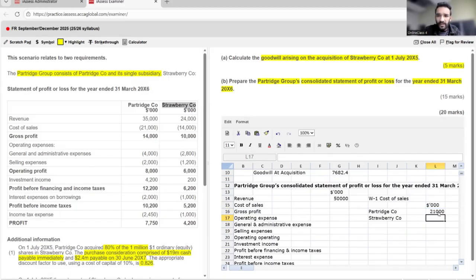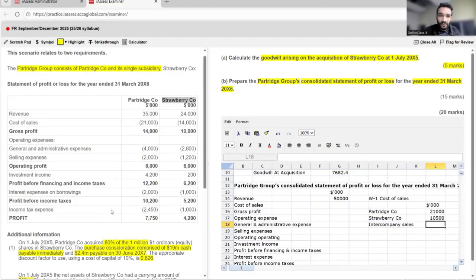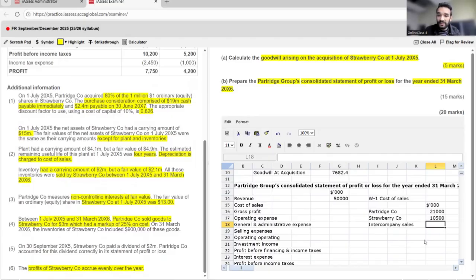And the other company has 14,000, but we should be doing time apportionment, 9 by 12. This is 14,000 into 9 by 12. Then we will be deducting the intercompany sales, which we have already discussed in the note, that was 3 million.